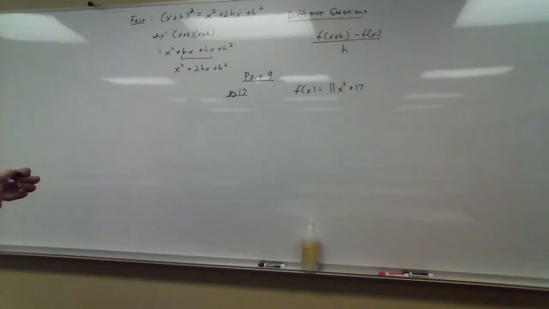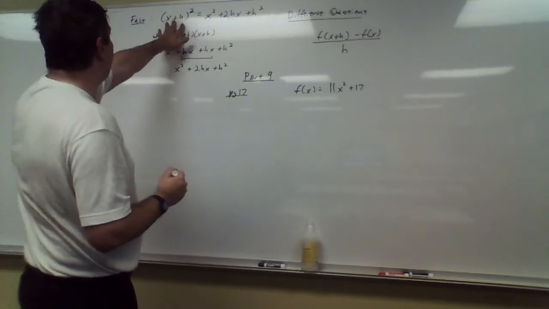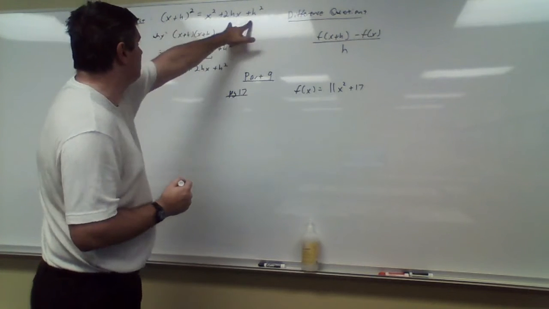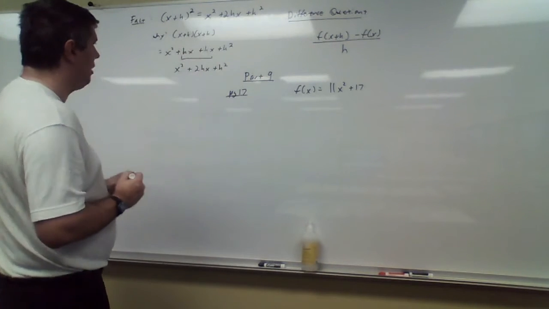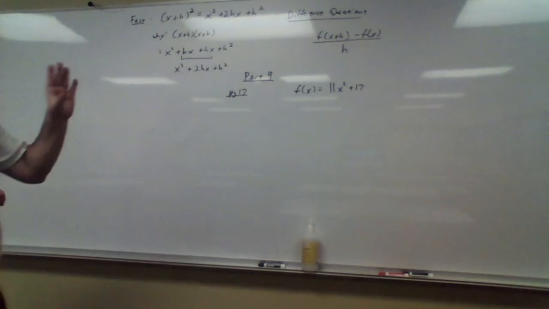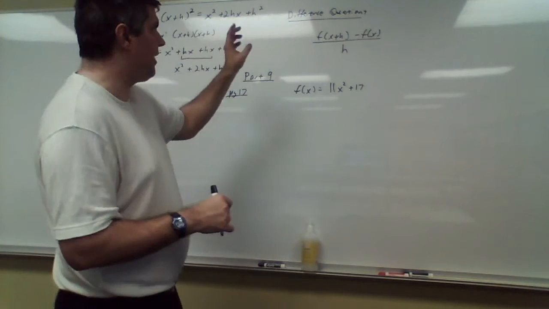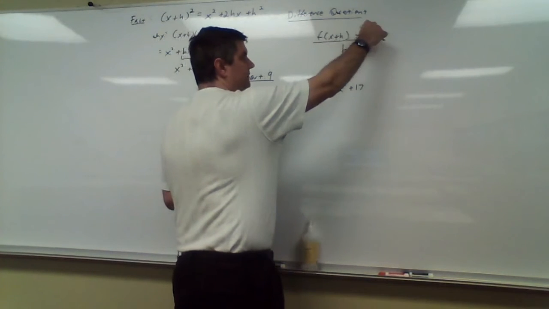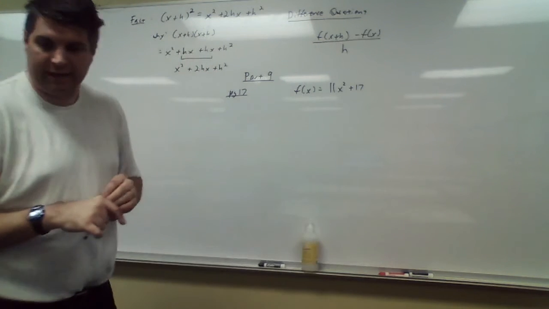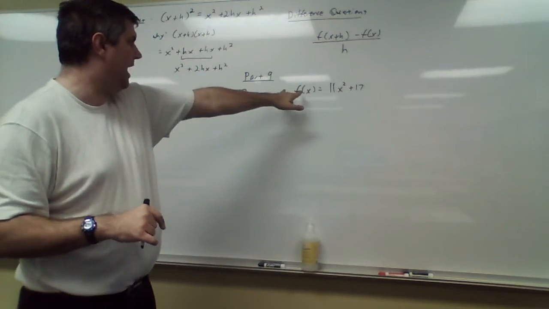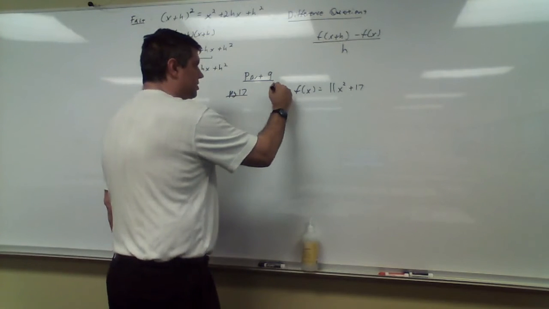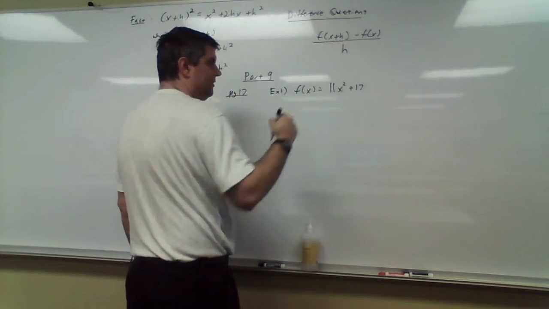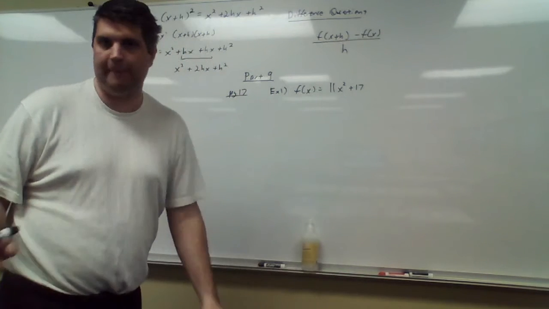All right. I put up the fact that we just went over, that x plus h squared equals that. Here's why, for your convenience. Now the difference quotient is a mathematical term that stands for f of x plus h minus f of x over h. Example 1 is that. We're looking for the difference quotient of f of x equals 11x squared plus 17.